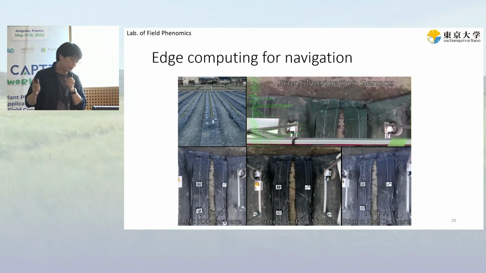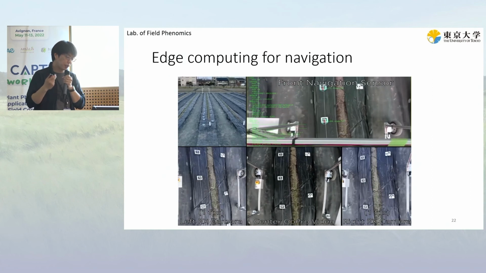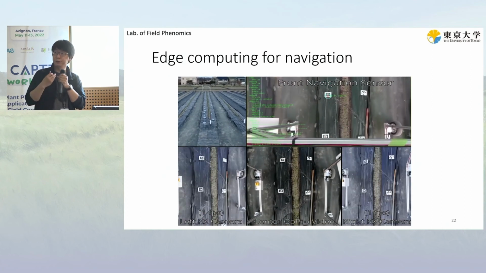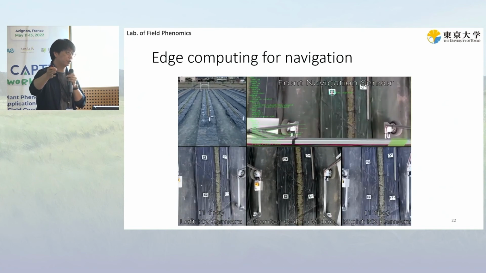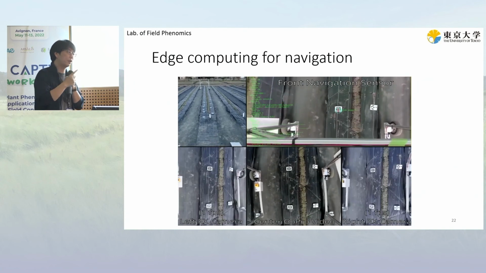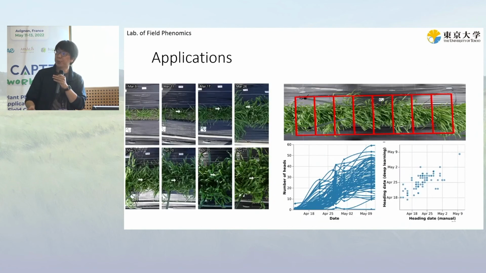And since we had this, we are able to collect a stable data set from these systems. 1,000 plus plots in these 3 different blocks of the field only consume 1 hour to collect all the data. So that gives us a huge, high frequency, high resolution data set for the whole field.